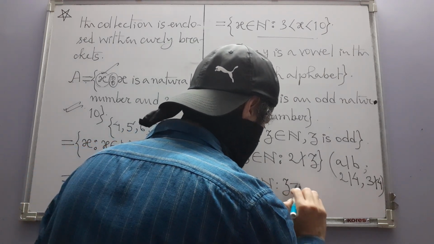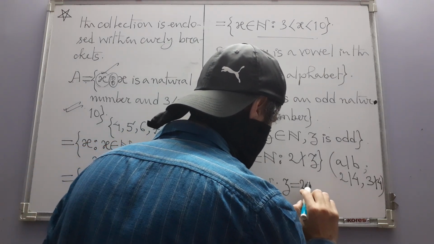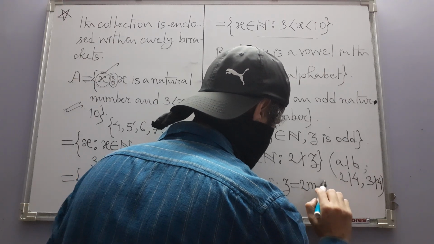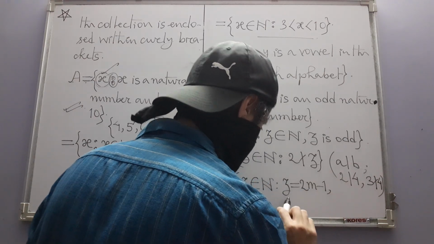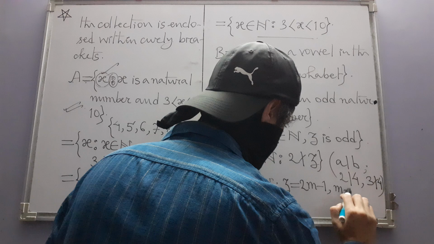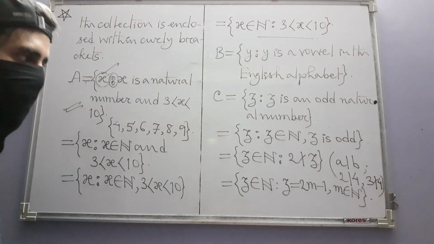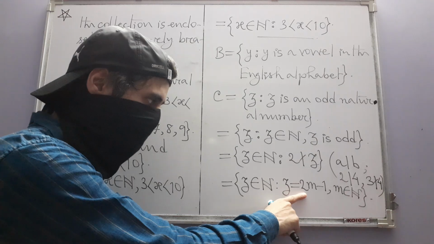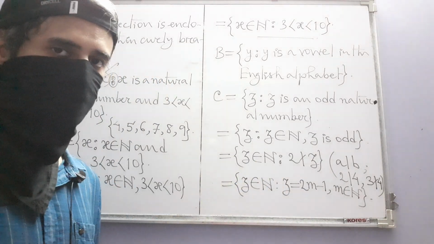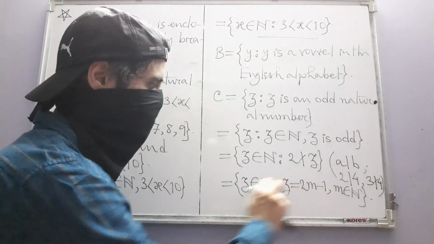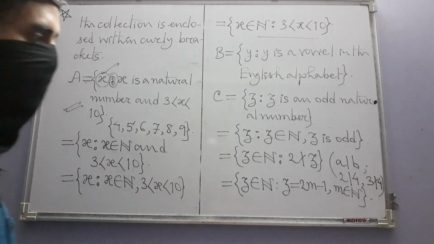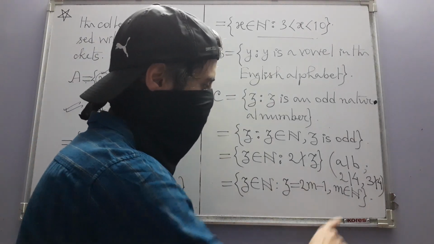Or you can also write like this. z is equal to 2m minus 1, where m is a natural number, because the odd natural numbers look like this, 2m minus 1, where m is a natural number. You can realize why that is so.